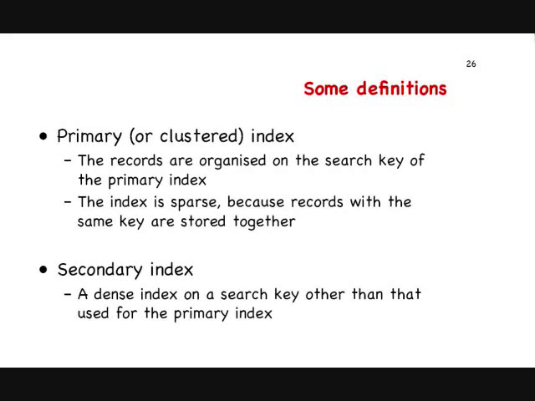If you think what you've got here is a file in some sorted order, and your index into that file wants to give you a pointer to a chunk of that file, we'll call these chunks pages. So page, page, page, page.